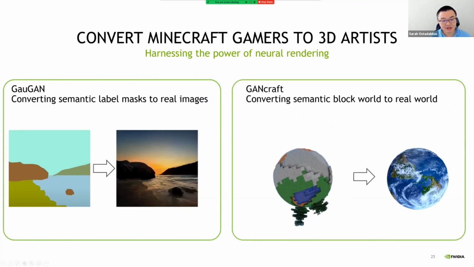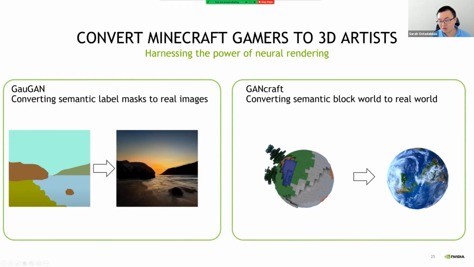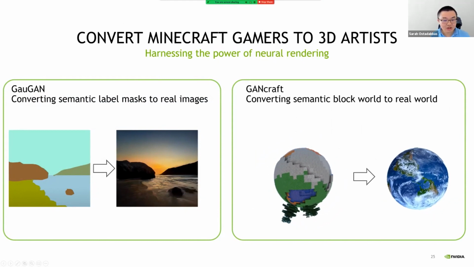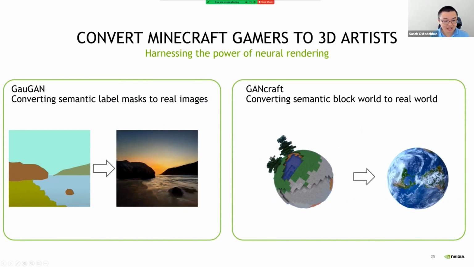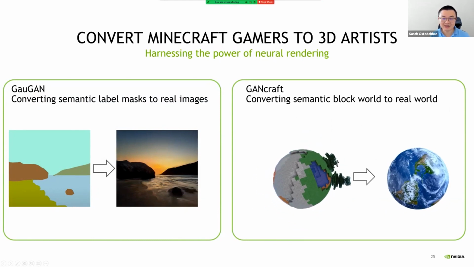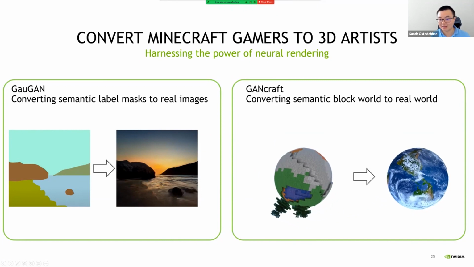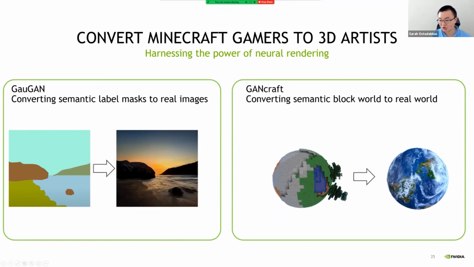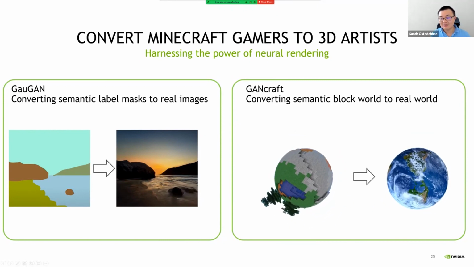Instead of converting an image, we want to convert a semantic world to a real world. A semantic world that you can easily build like a segmentation mask, and Minecraft is clearly a very good tool to build a 3D world, right?